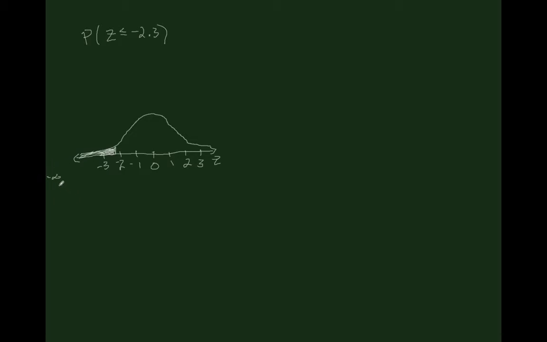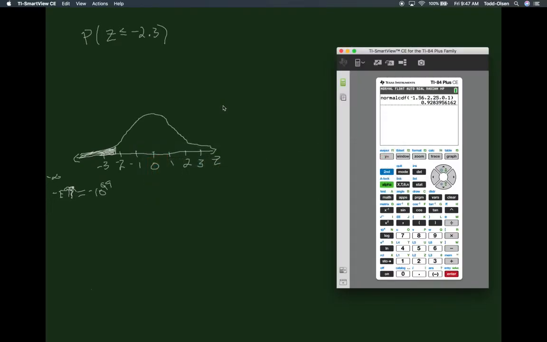Rather than enter negative infinity, we're going to enter a very small number: negative E99, which on the calculator is the same thing as negative 10 to the 99th power. This is how we do scientific notation on the calculator. So when I go back to the calculator to find this area, I'm going to again use normalcdf.